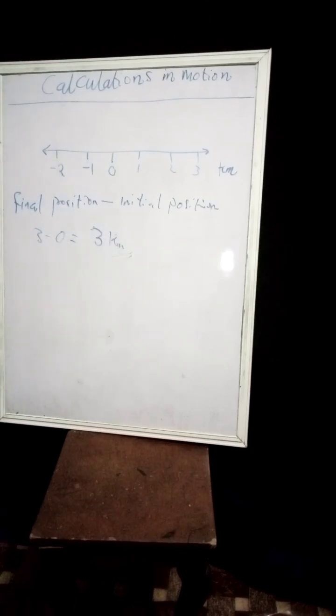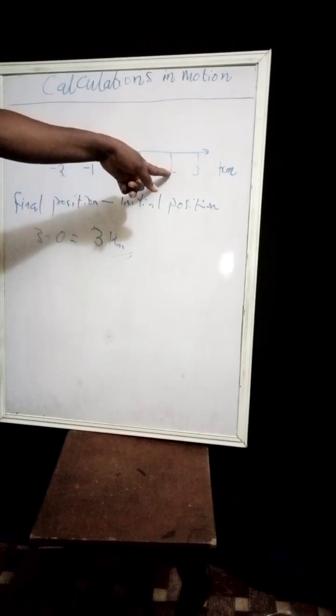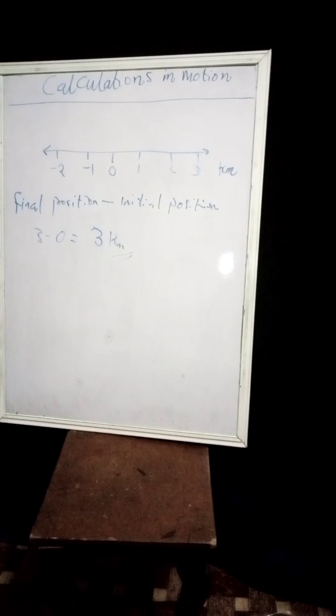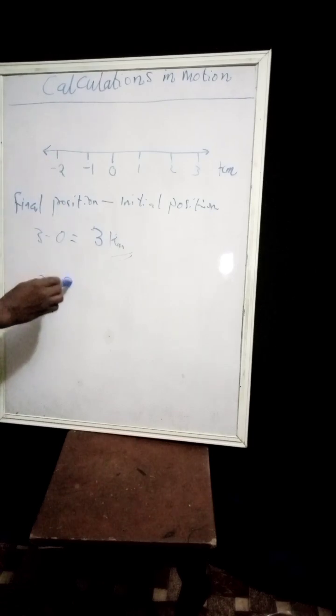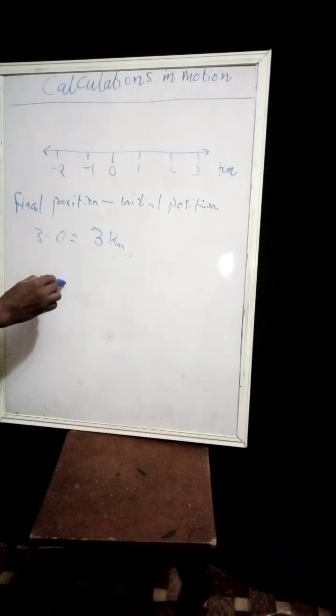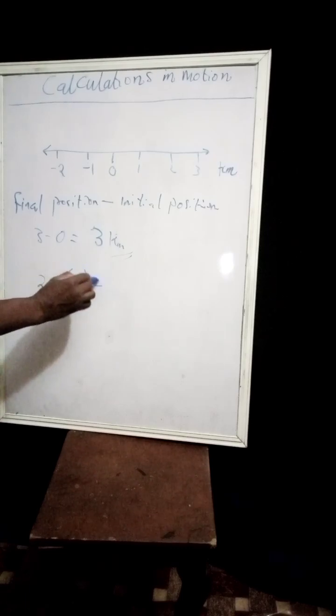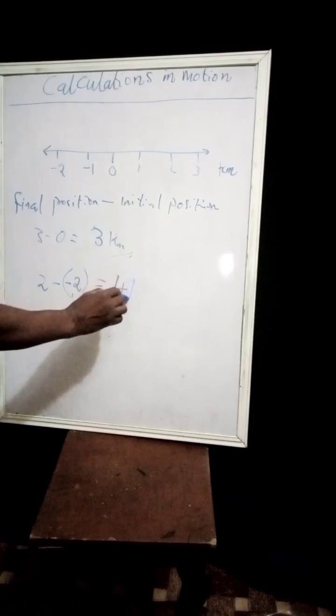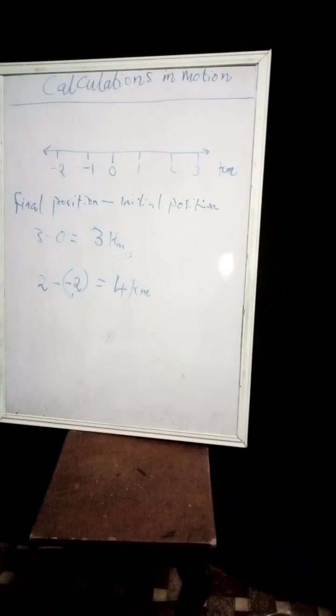But in a situation where it moved from -2 to +2, we have that the final position is 2, and the initial position was -2. So we have the final position minus the initial position, 2 minus -2, and that will give us 4 kilometers. I hope it's understandable, because negative multiplied by negative is positive.